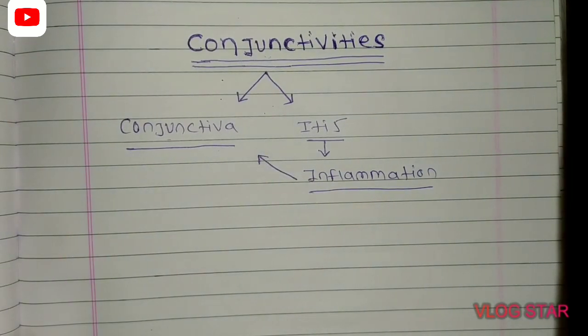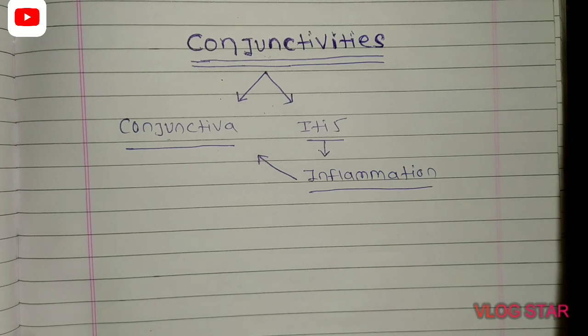That indicates that something happens in the conjunctiva which causes inflammation, and that something is nothing but the infection. So conjunctivitis is nothing but the infection and the inflammation of the conjunctival sac or conjunctiva.